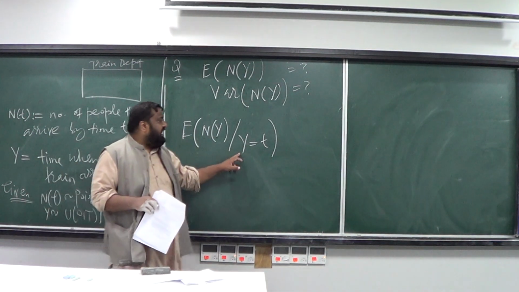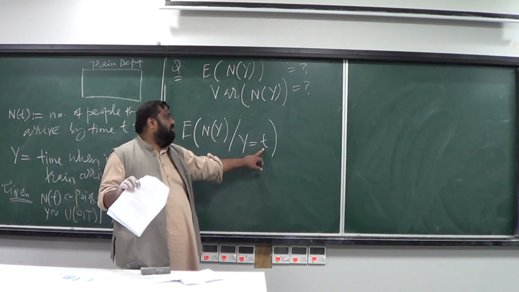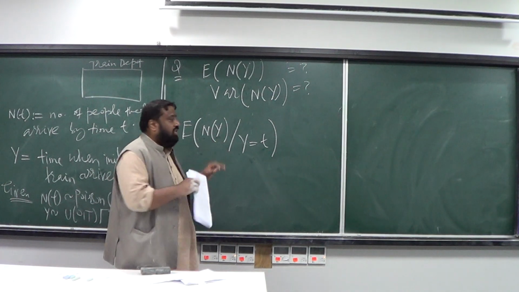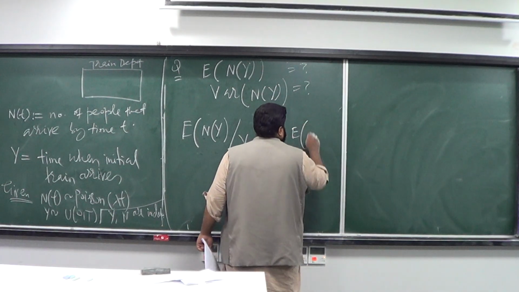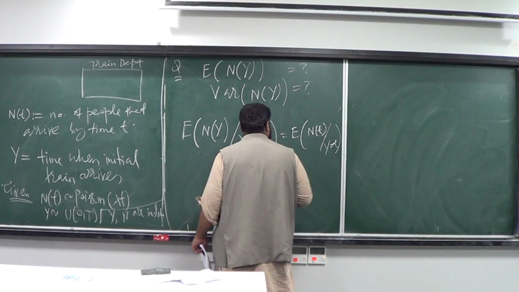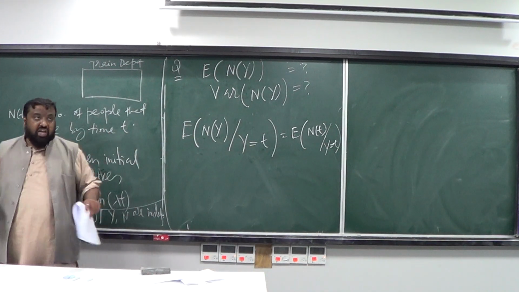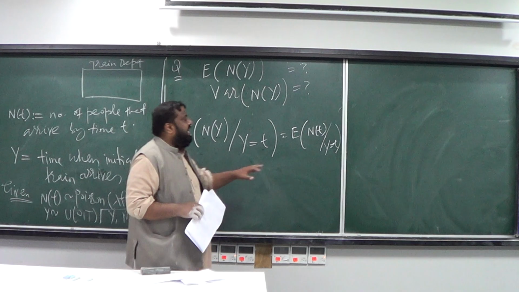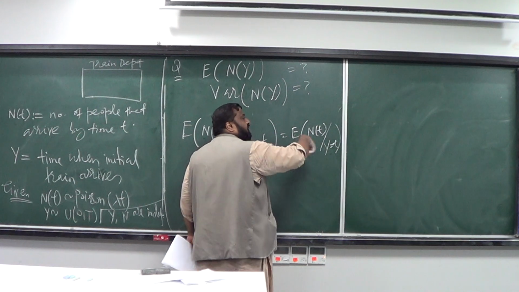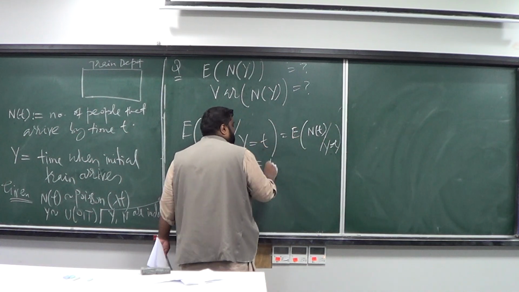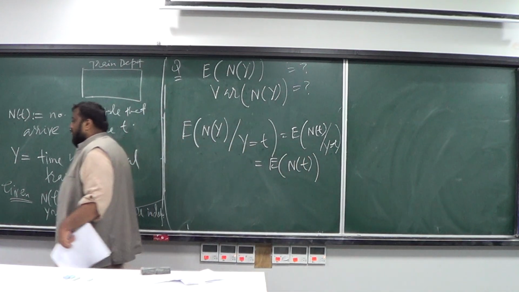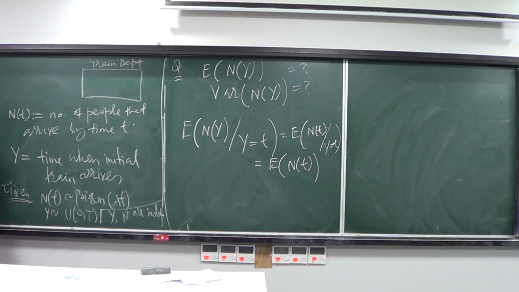So if the train arrives at a time small t, what is the expected number of people that arrive by time t? I can say that this is the same as the expectation of N of t given Y equal to t. So I can write it in this manner. Now, what we know about N of t and Y is that they are independent of each other. So knowing this information is not going to add any information to the expectation. So this would be the same as the expected value of N of t. Now, what do we know about N of t?